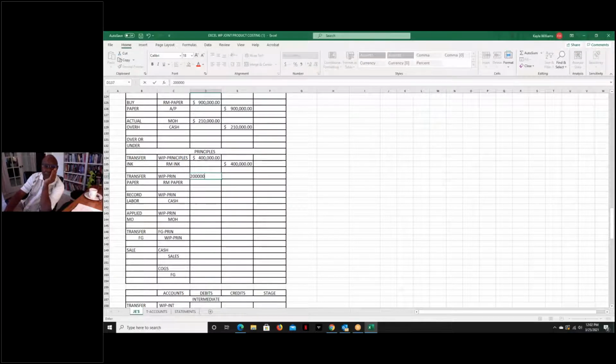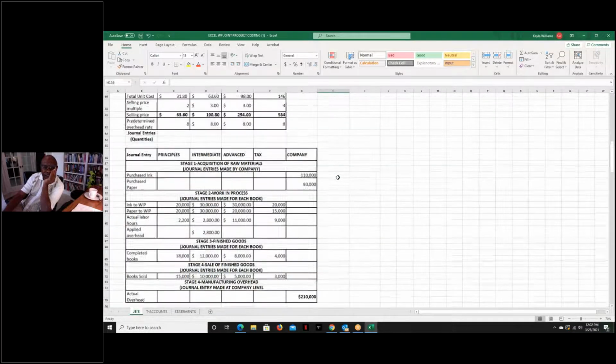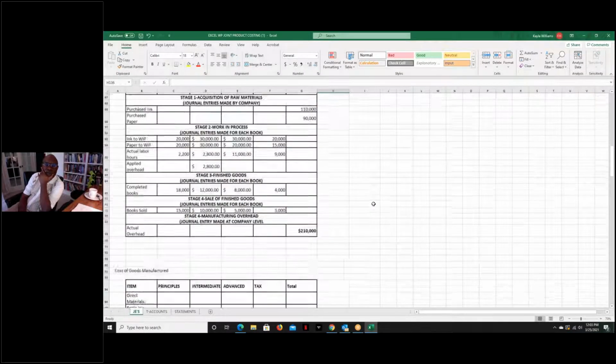Tell them how you got it. So it says 20,000 units for ink at $20. So 20,000 times 20 is 400,000, and then 20,000 units of paper at $10, which is 200,000. And so then we have work in progress for labor for 22,000 because we have 2,200 actual labor hours and it's $10 per hour.